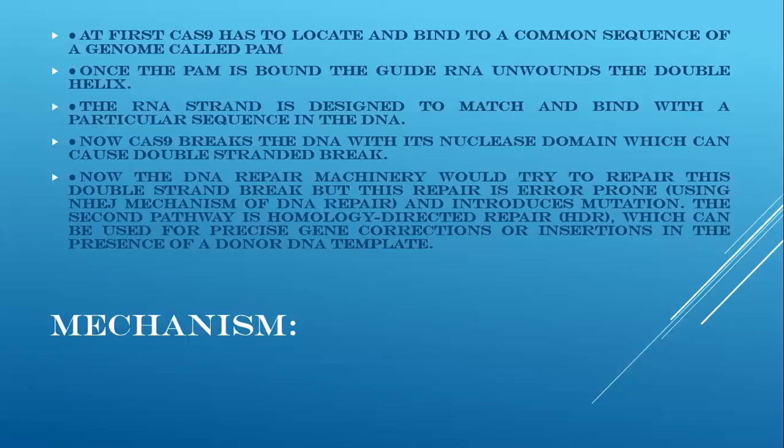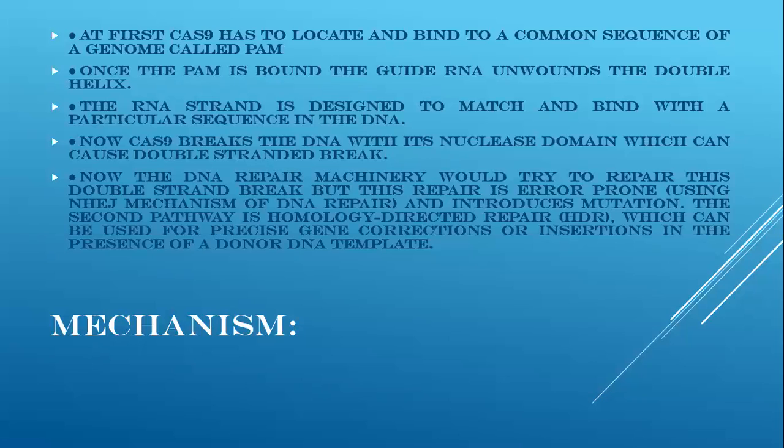Now, the Cas breaks the DNA with its nuclease domain, causing a double-stranded break, and the DNA repair machinery tries to repair this break, but this repair is error-prone, using the NHEJ or non-homologous end joining mechanism. As a result, it can be used for precise gene correction or insertion.